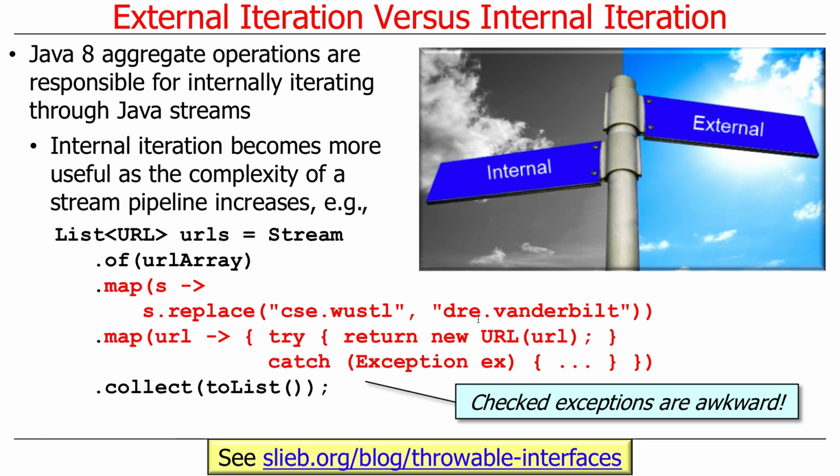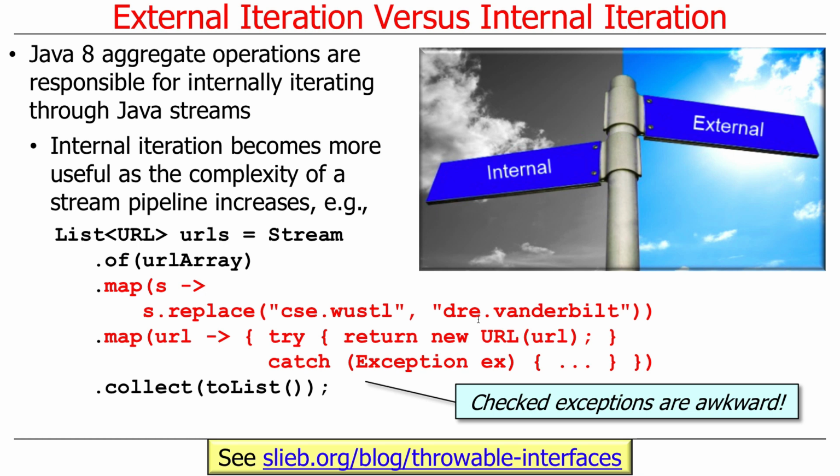Just a little side note, because it's worth noting, and I'll show you some really cool things about how to deal with this later. Notice how when you have operations with so-called checked exceptions, they get really ugly in the context of Java streams. A checked exception was a kind of misfeature that was introduced early on in Java when people thought that there was a reason to want to syntactically and statically check for the occurrence of certain types of errors.